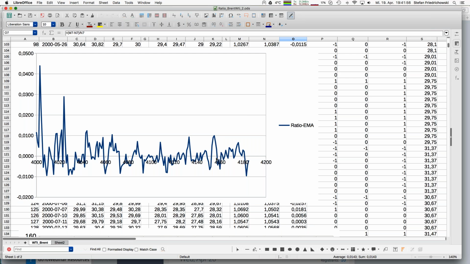And coming to normal means here that the difference between actual ratio and EMA on that ratio crosses the zero line. And you see, of course, it depends how many entries we will have. It depends on the actual value of our two horizontal lines, one above zero, one below zero.